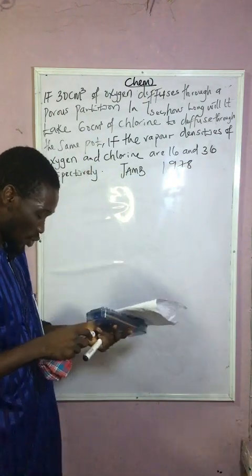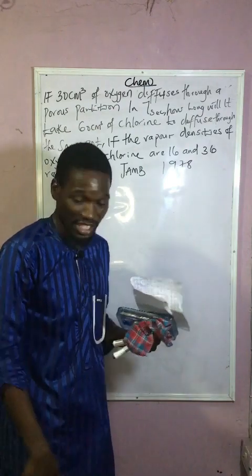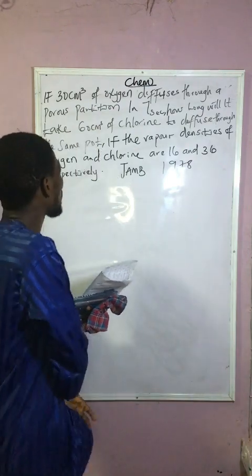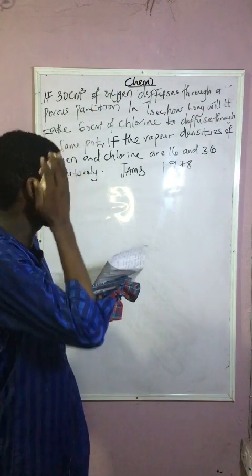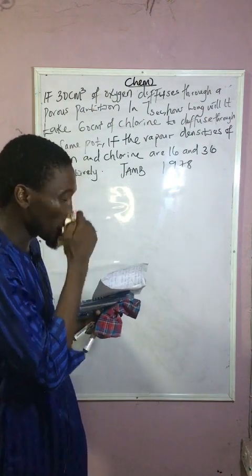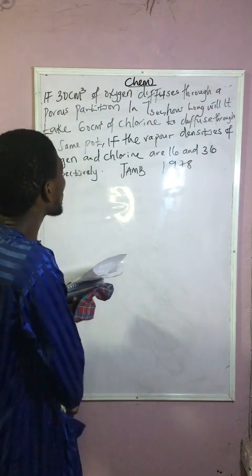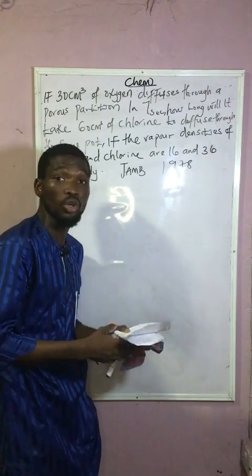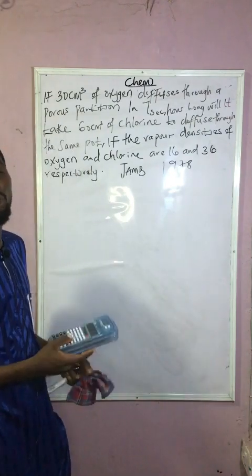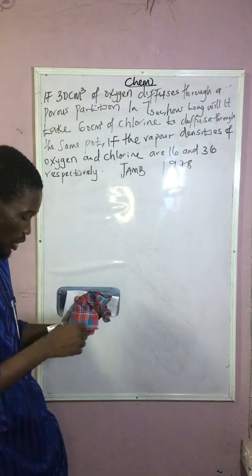You can see that the question is an old question, but it's making sense because we are going to make use of some formula which I'm sure some of you have come across before, but you don't know how to apply it. So the formula goes thus.